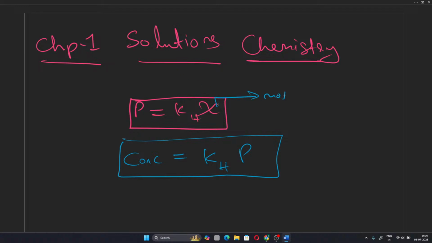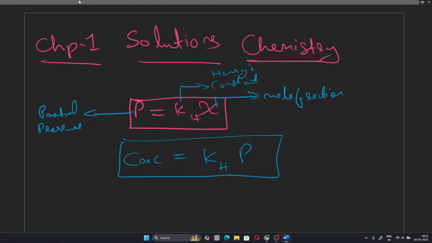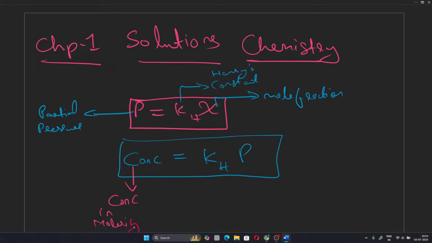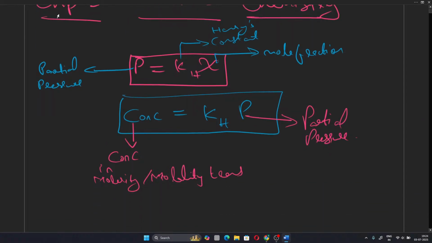Here, the mole fraction, Henry's constant, and partial pressure; and concentration in molarity terms, and this is partial pressure. Okay, these are the two forms.